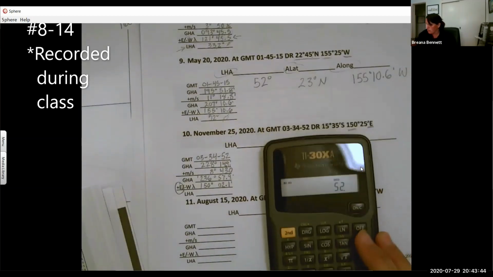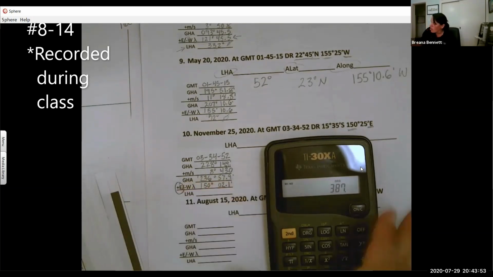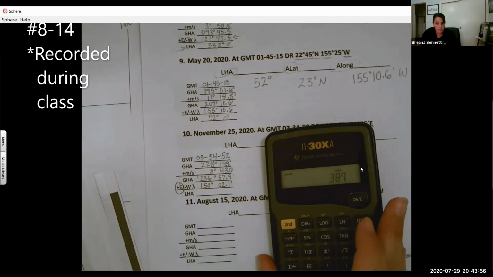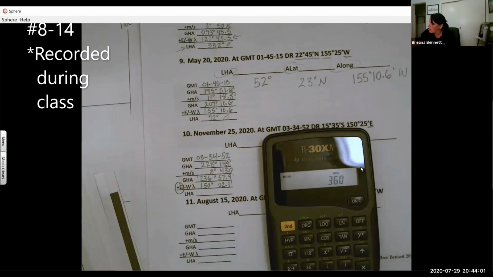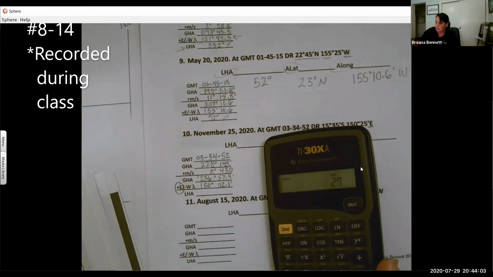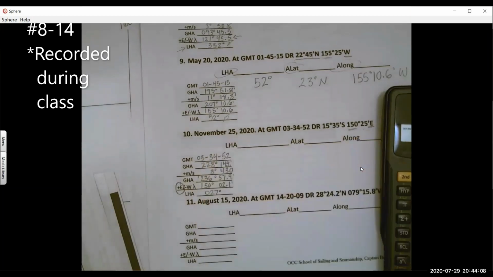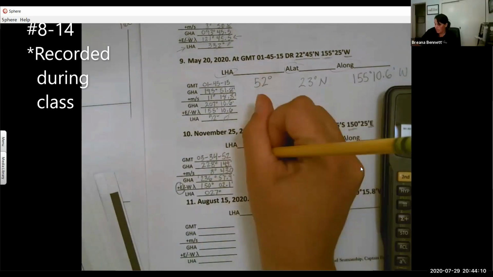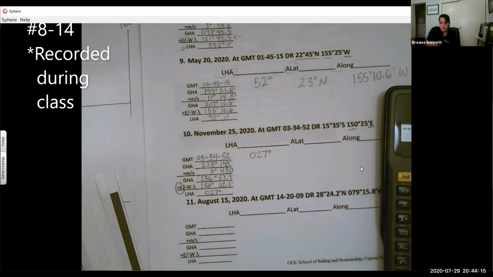So we have 236 plus 1 plus 150 gives us 387, which doesn't work. We have to subtract 360 from that, and we get 027. So our LHA is a solid degree as 027.